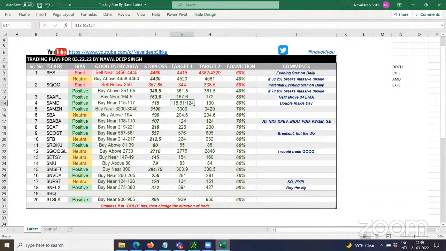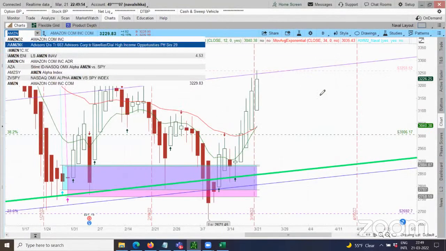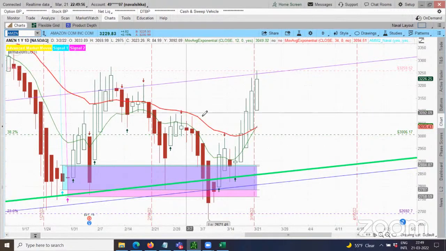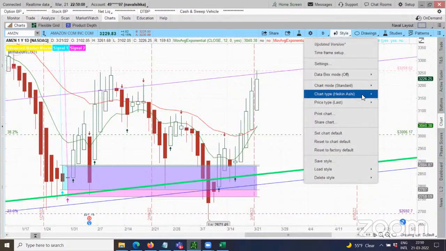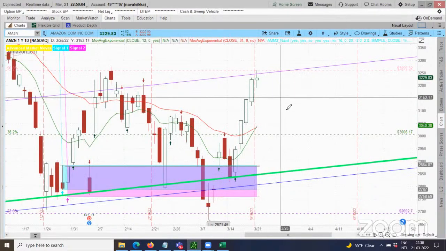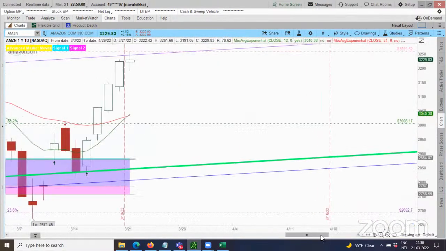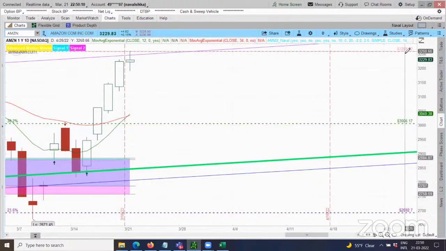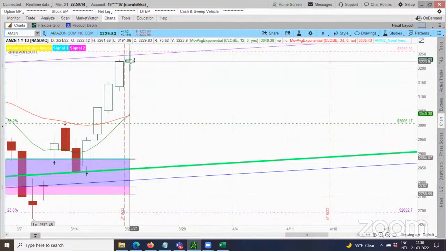118 is something you should find. Then I have Amazon. Amazon today gave an excellent opportunity. The long-term trend for Amazon is trending positive now after a very long time. The power of Fibonacci, it exactly came to 32.59, tested that and made a doji.